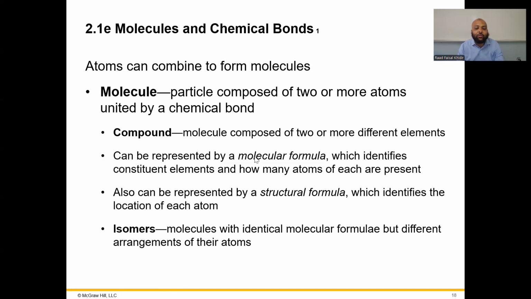So that molecular formula tells me when I say sodium chloride, NaCl, I know there is sodium, I know there's chloride, I know the weight of sodium, I know the weight of chloride, and I add them both together, they will give me sodium chloride. It can also be represented by a structural formula, which identifies the location of each atom.